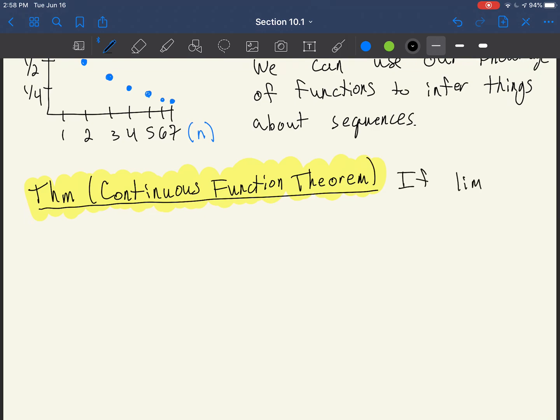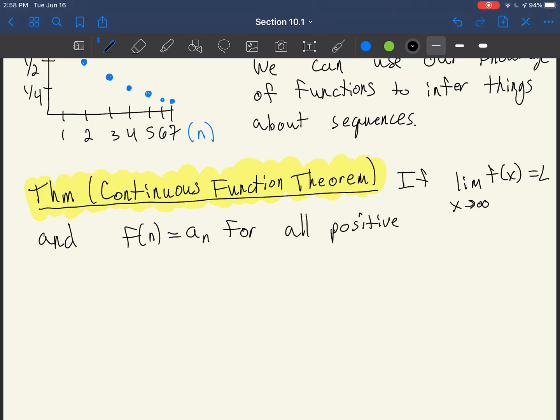So if the limit as x goes to infinity of f of x, our function, equals L, and if f of n equals our sequence a_n for all positive integers, then we know that the limit as n goes to infinity of our sequence has to equal L.